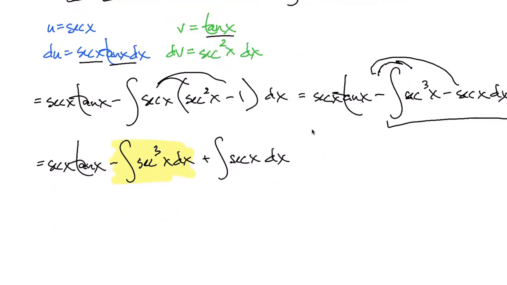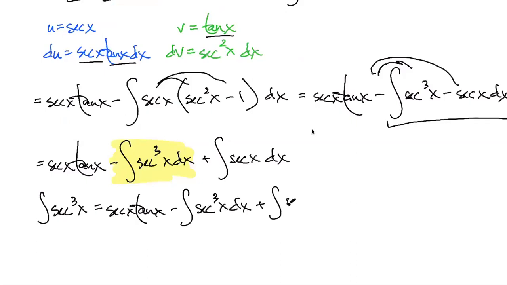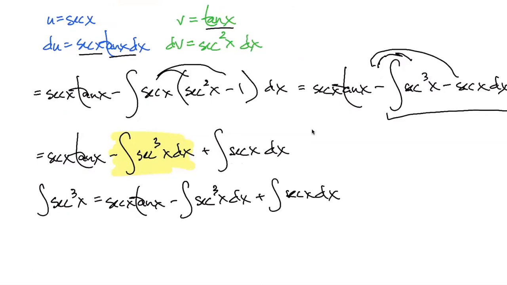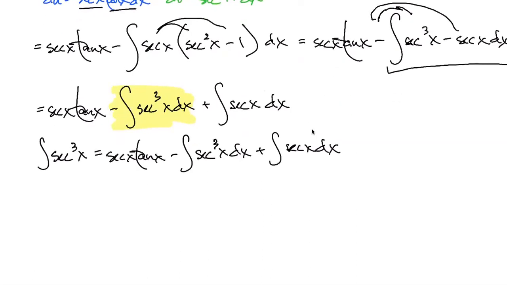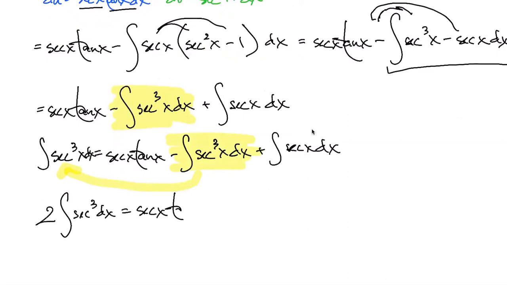So if I write the whole thing out, I get the integral of secant cubed x equals secant x tangent x minus this integral plus that integral. I'm going to take this secant cubed and add it to the other side, which will give me 2 integral of secant cubed dx equals secant x tangent x plus.